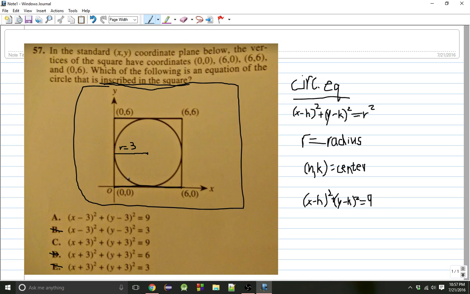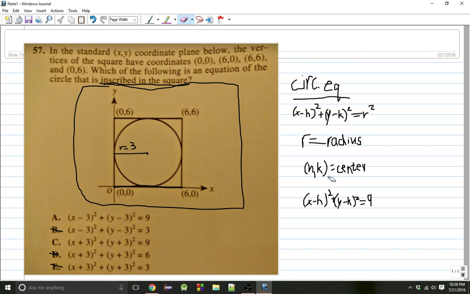So now our problem is actually finding the center. And we do this through our midpoint formula. What we can simply do over here is take two points, say (0, 0) and (6, 6). Point 1 is (0, 0), point 2 is (6, 6).